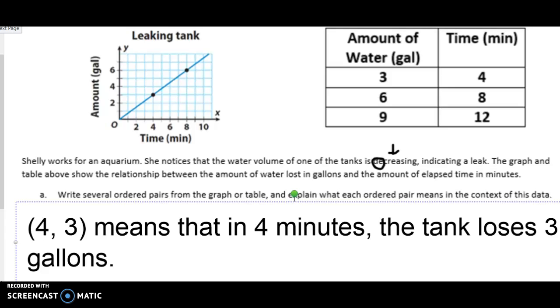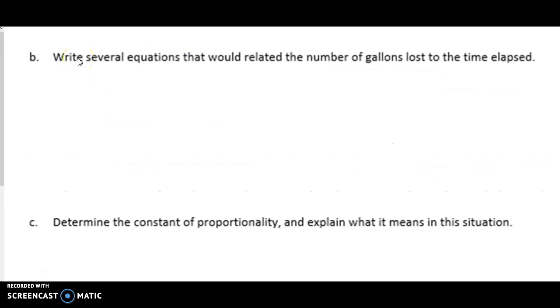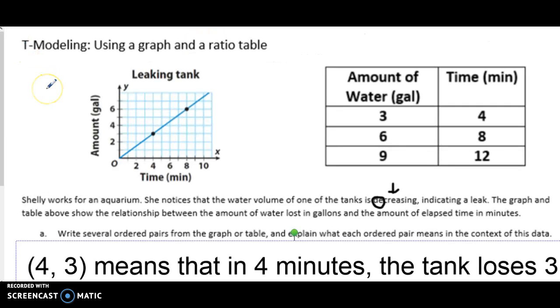Okay, so now that we've thought about this data and what it means, let's go to B. Write several equations that would relate the number of gallons lost to the time elapsed. Okay, so for this, we need to consider the number of gallons lost, and I'm going to call this G, to the time elapsed, which I'm going to call T. So if I'm looking back at my data, I know that my number of gallons lost is what's changing over my time.